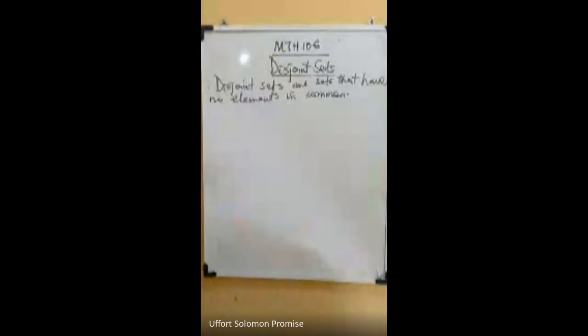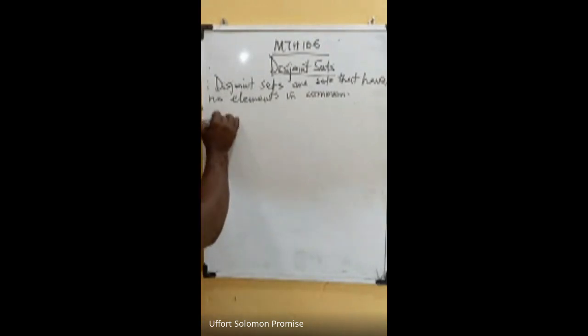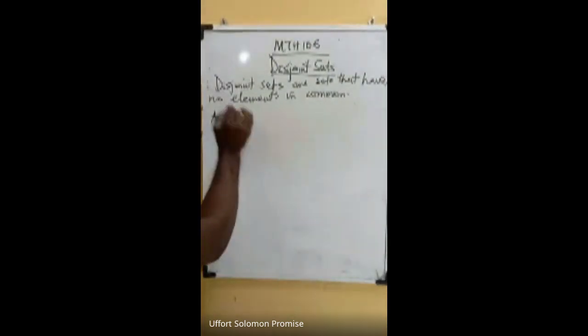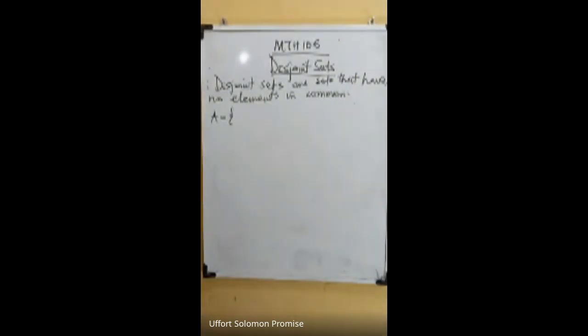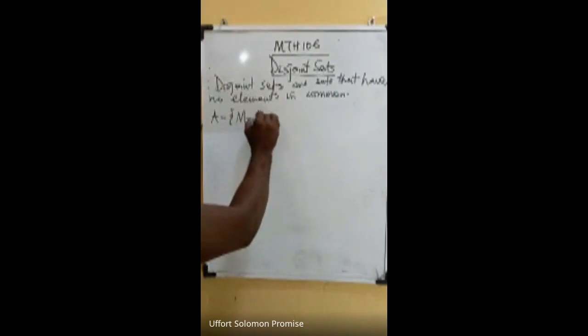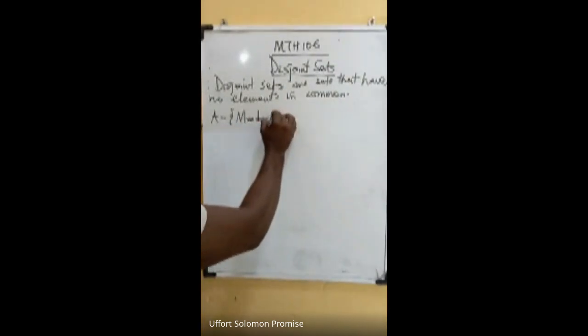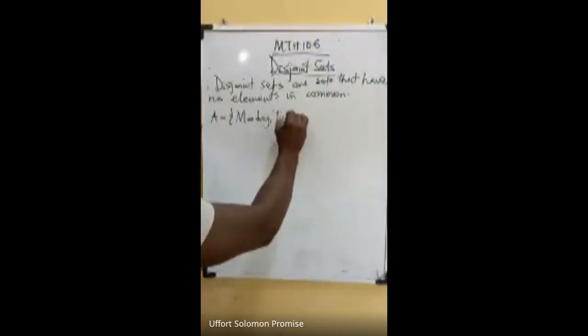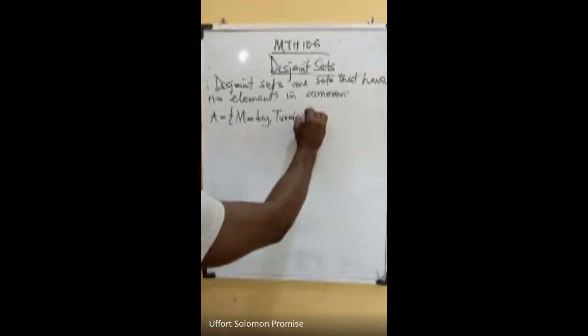The elements in the different sets that are available are actually not, like I keep saying, no repetition. There are no repetitions. For example, if we have this set A, and set A are some days of the week. Like we have Monday, we have Tuesday, we have Wednesday.